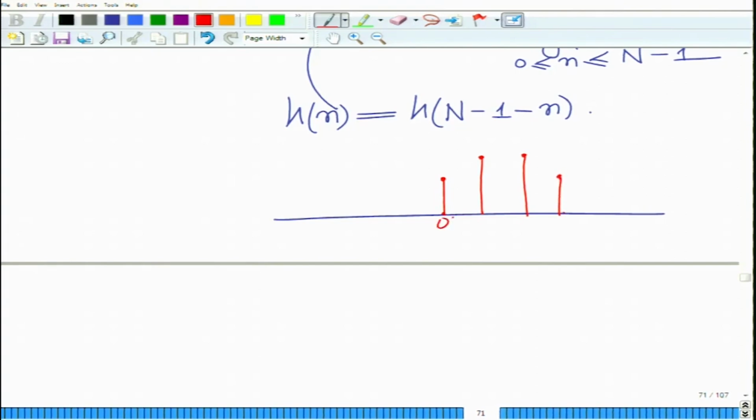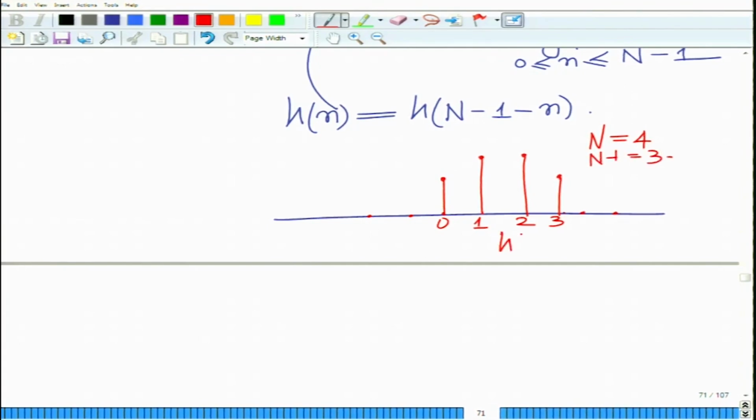Okay, so this is your 0, 1, 2, 3. So, capital N equals 4, and so N minus 1 equals 3.